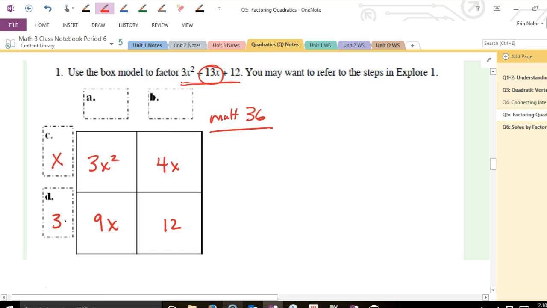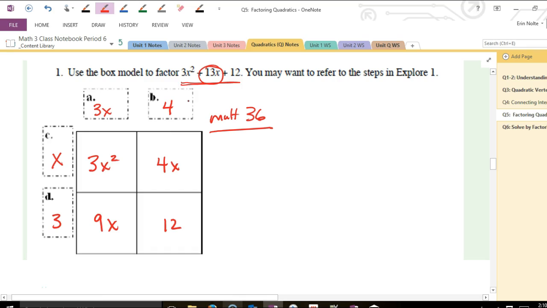Then I'm going to do my columns. What's the greatest common factor of 3x squared and 9x? 3x. What's the greatest common factor of 4x and 12? 4.